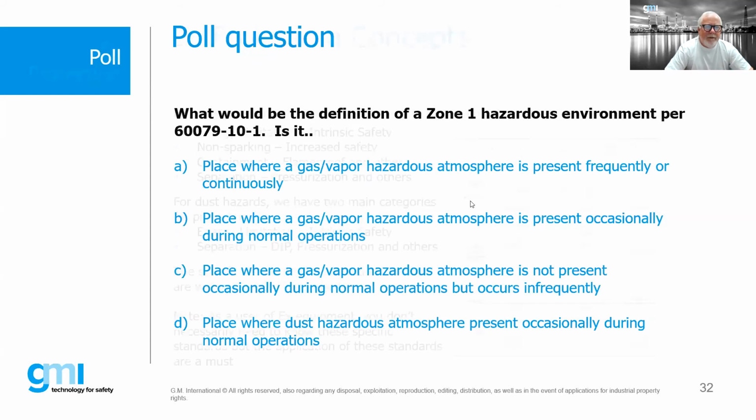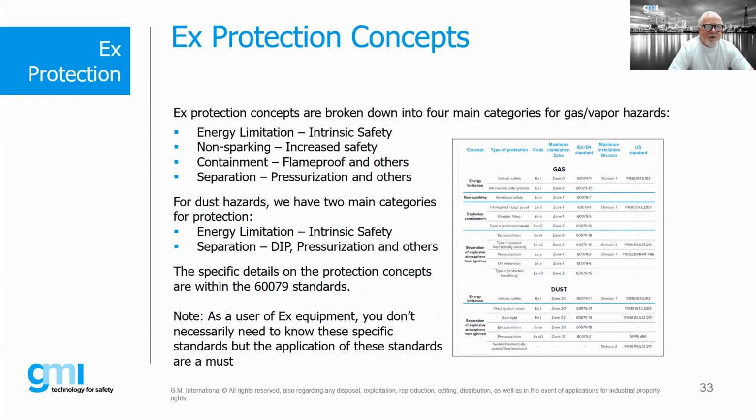Great. We'll zip through a little bit of these protection concepts, because this is information that we cover in about 2 to 3 days, so we'll cover it in 2 to 3 minutes. There are basically four main concepts of how we protect.